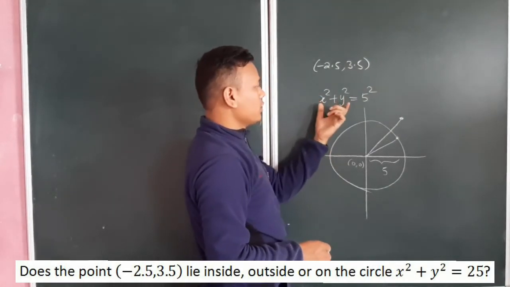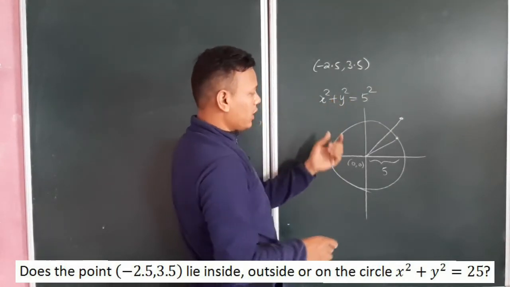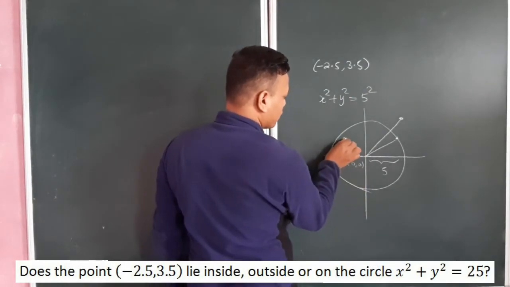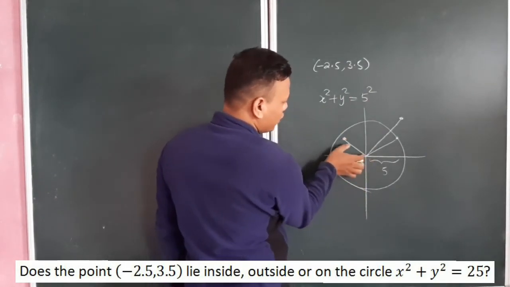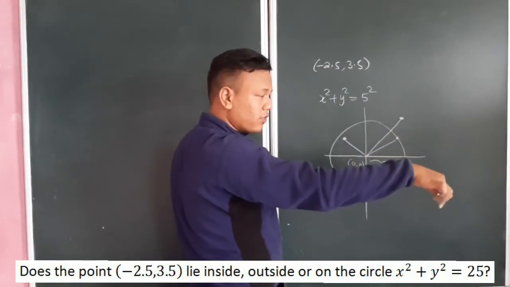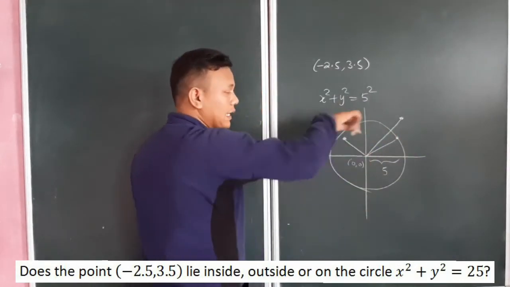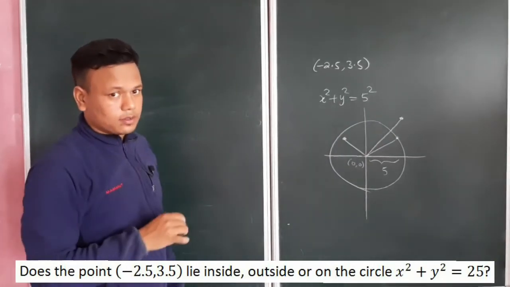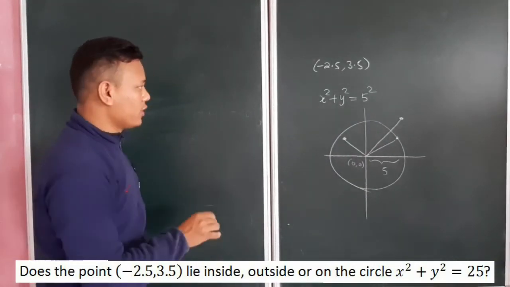And similarly, if this point is somewhere in here, then if you join it with the center, you will get the distance to be less than the radius. So if the distance is less than the radius, then that point has to be inside the circle. Okay, so with that, let's begin.